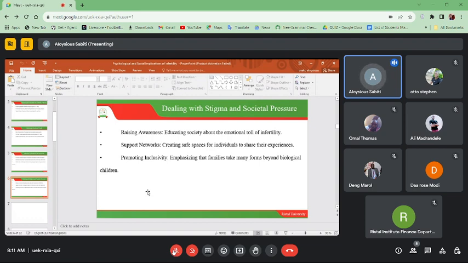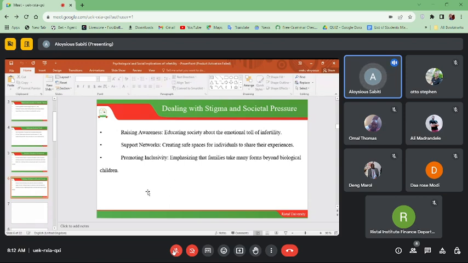And therefore, if you continuously stigmatize them, there are chances that you will lead them to their early grave. So you should be able to educate the society and raise awareness on those three key infertility messages. And then you can be able to solve the issues of stigma.